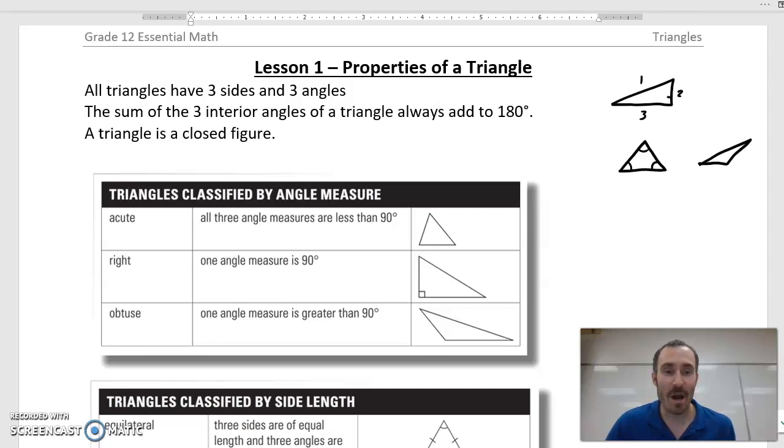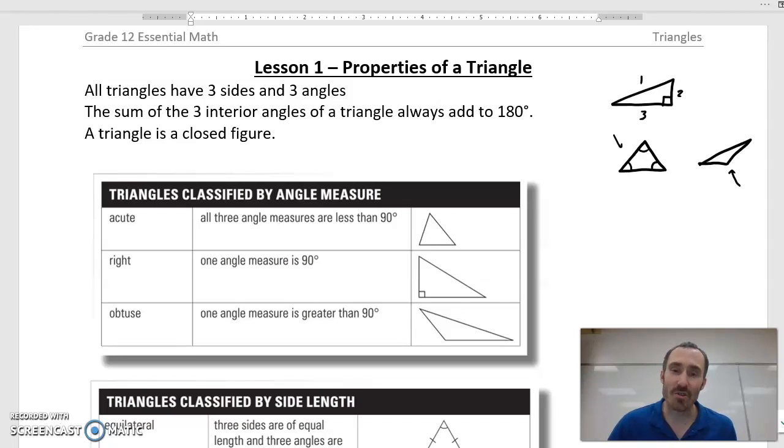So even though this top guy here is a 90-degree triangle, and this middle one over here is not a 90-degree triangle, it's an acute triangle, and this one over here is an obtuse triangle, all their angles will always add up to 180 degrees. Okay, that's an important thing to remember.